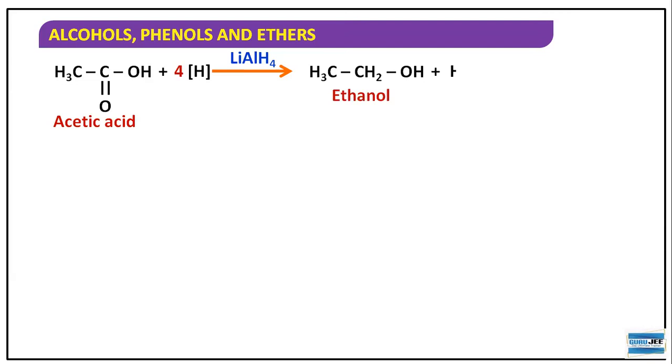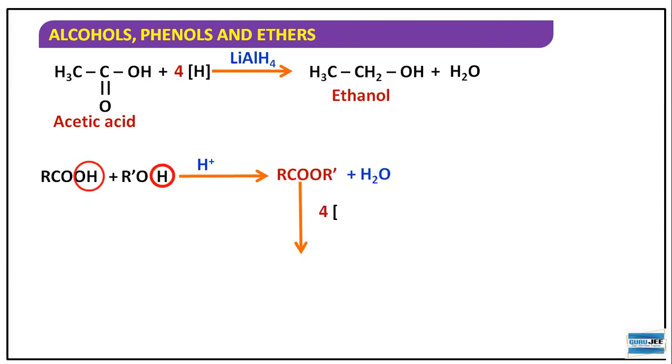But generally, the way we do it is to first convert the acid into ester. Esterification is done first. After esterification, you use some catalytic reducing agent, not always lithium aluminum hydride. Mostly we use hydrogen in the presence of iron and nickel or some other cheap reducing agents, which will give you alcohol.